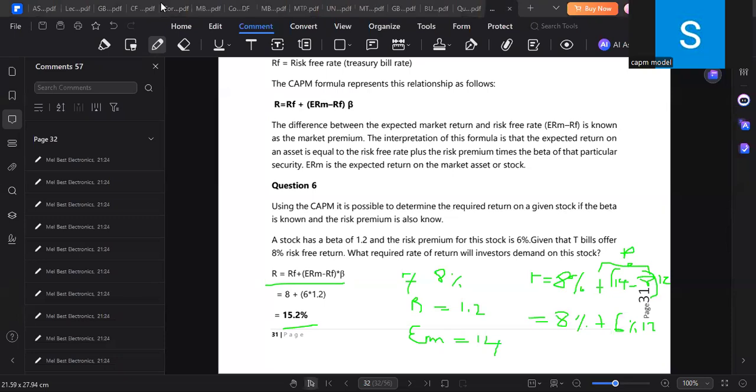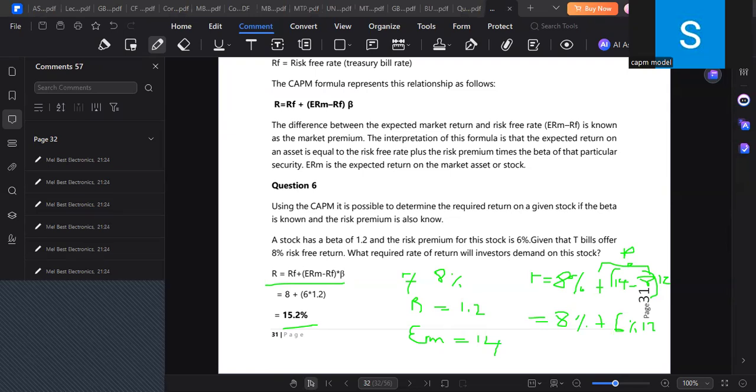I usually have a problem with the students misunderstanding those two. Let me explain a bit on the premium. Is that whole thing the premium or just the RF? The premium is the difference between the expected market return minus RF.